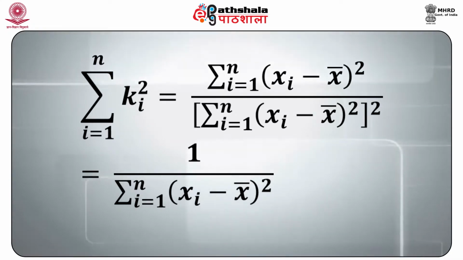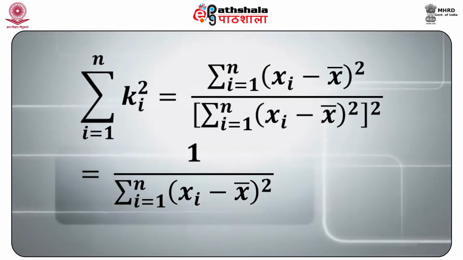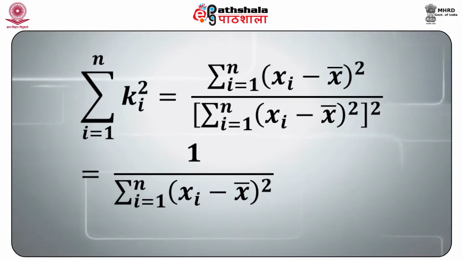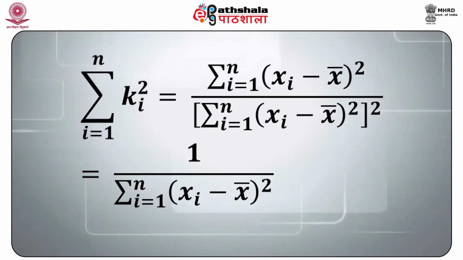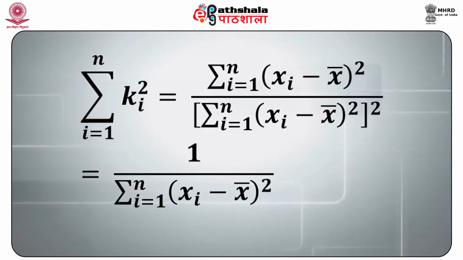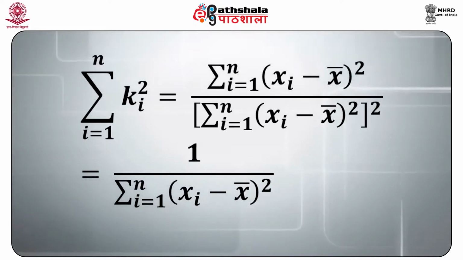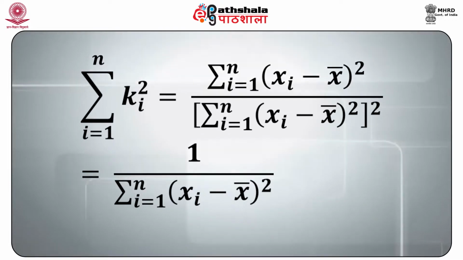Now this therefore gives us 1 upon sigma (xi minus x bar) square, because in the numerator we have power 1, in the denominator we have power 2, so this cancels out and we get only power 1 in the denominator.